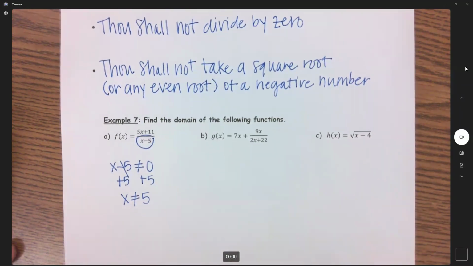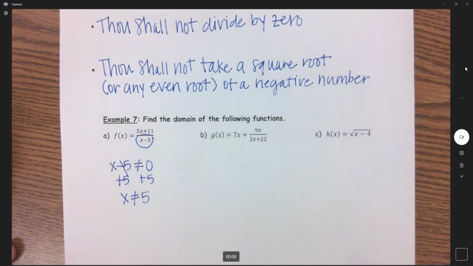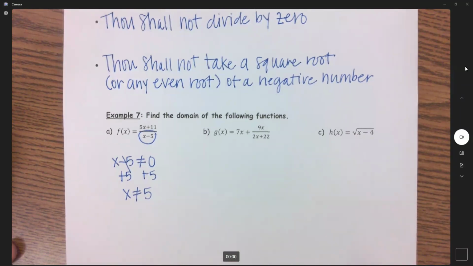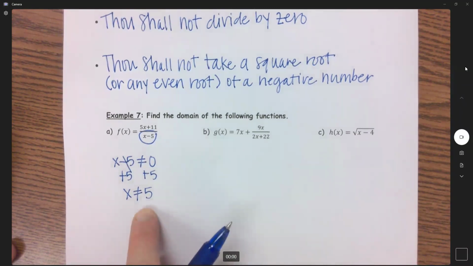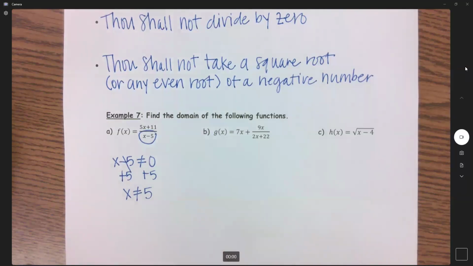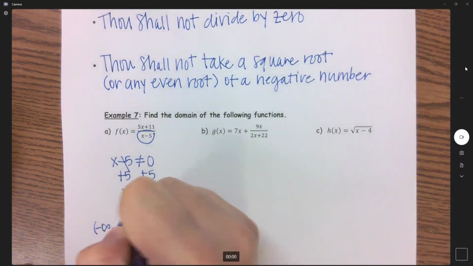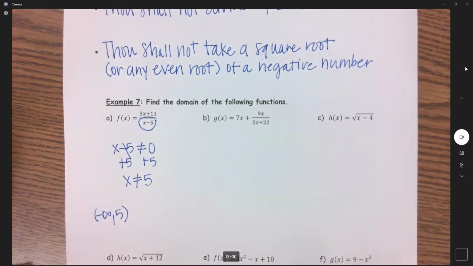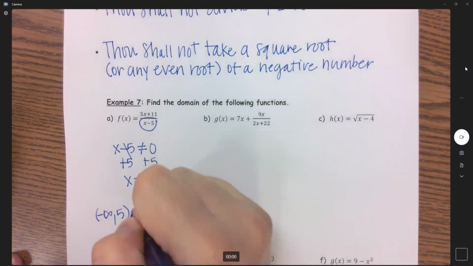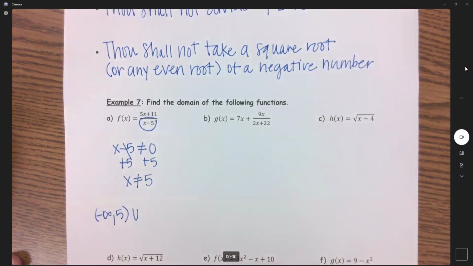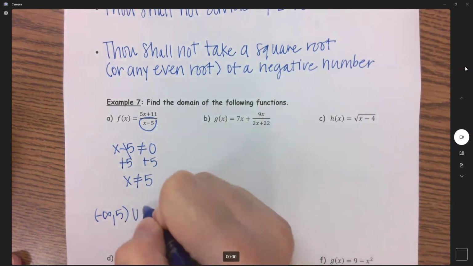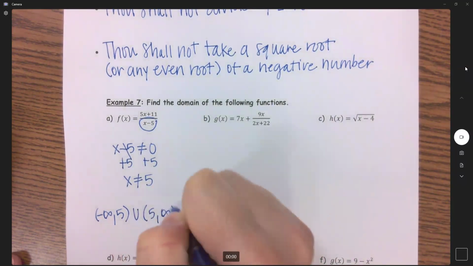Now, I'm pretty sure in your math lab for your homework, you need to write this in interval notation. So if 5 is the only number on that number line that it cannot equal, that means it can equal any number less than 5. So that's negative infinity to 5 with a parenthesis. And then the union, it can equal any number greater than 5. So 5 to infinity.